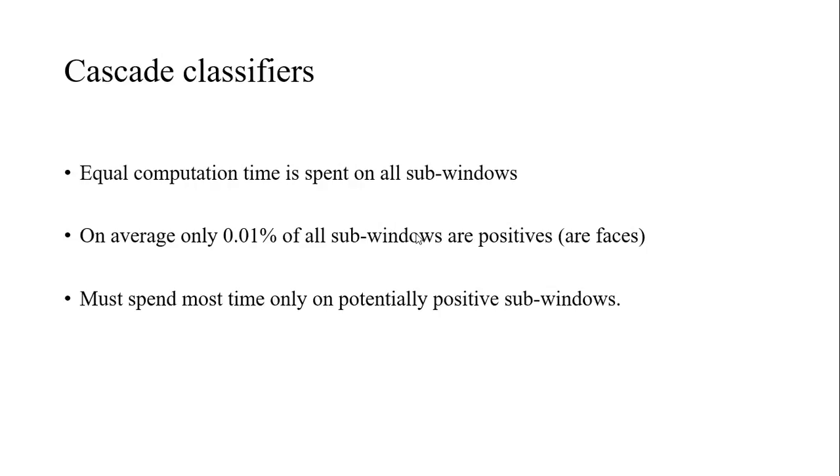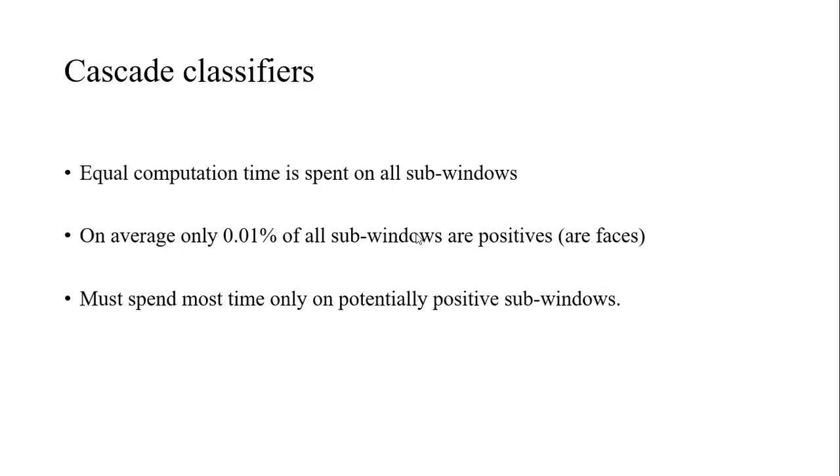The third and final problem is solved by the cascade classifier. The problem that was previously mentioned is the real timeliness problem. Now, equal computation time is being spent on all the sub windows of an image, and on average only about 0.01% of all the sub windows are positive.